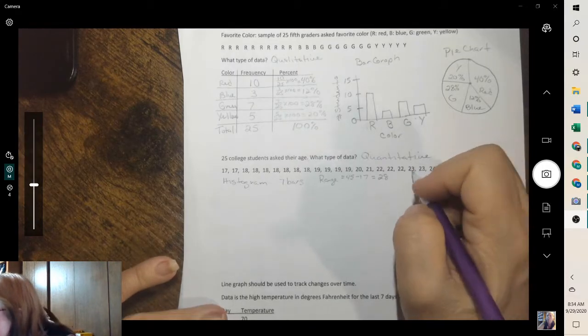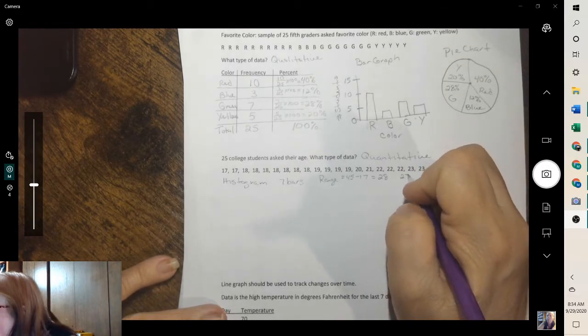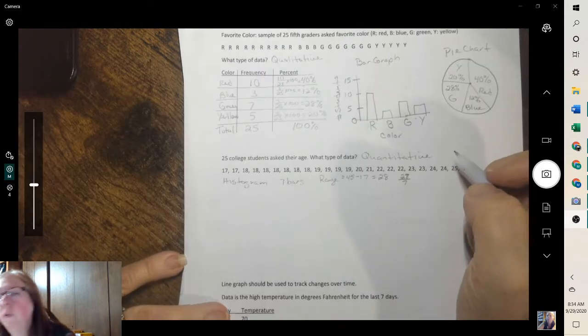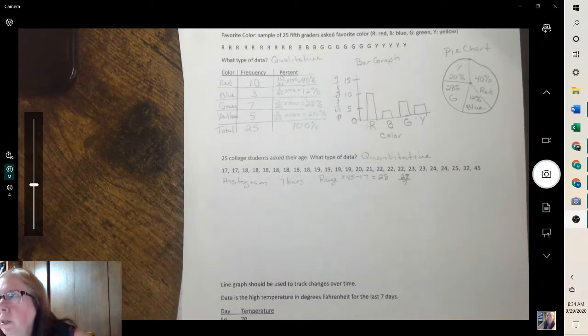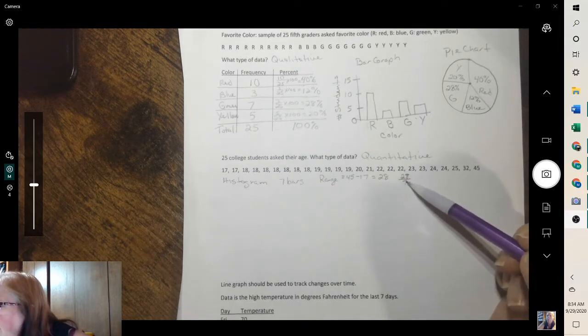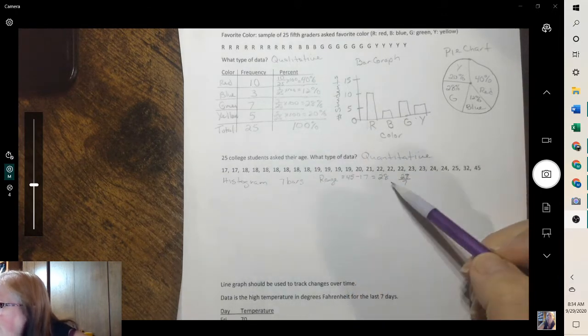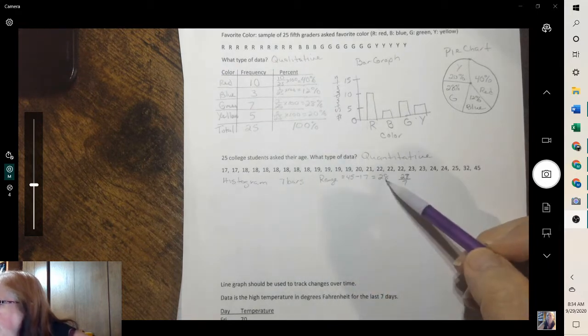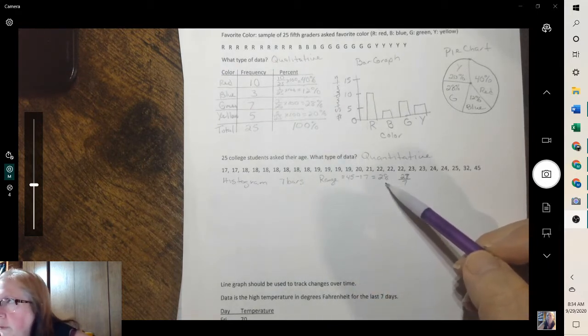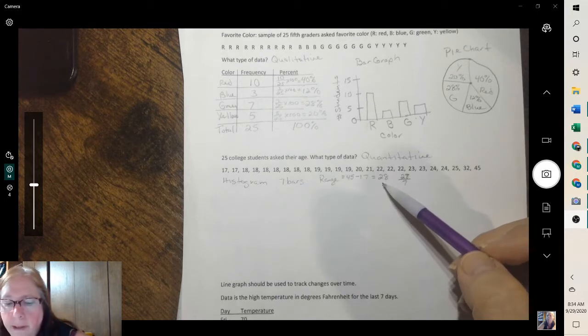And then you take the range and divide by how many bars you want. So if you're doing this on your own, it's nice to have this divide evenly. So find the range first and then decide how many bars you would like if you can get a number that divides into it evenly.